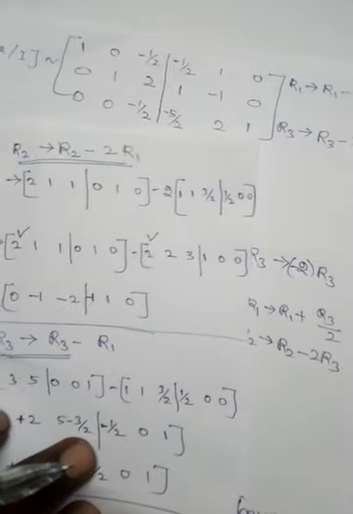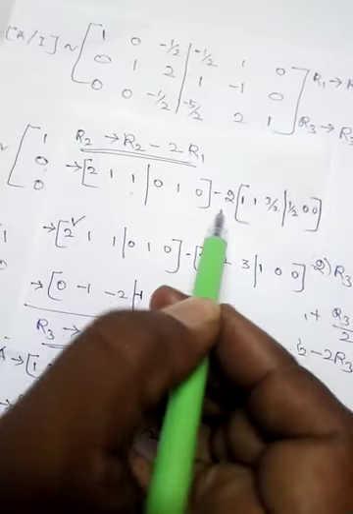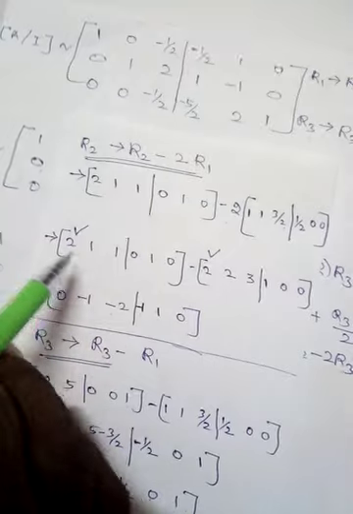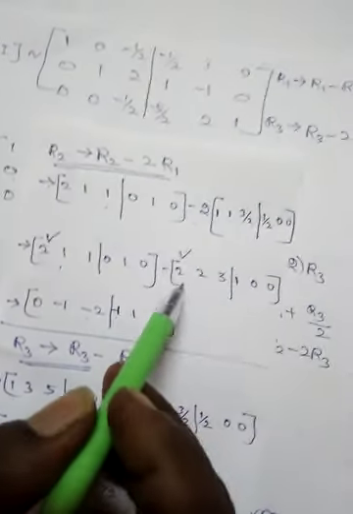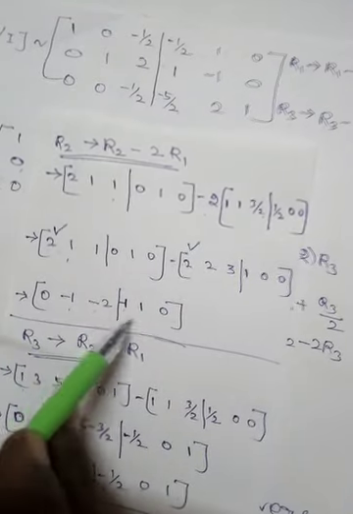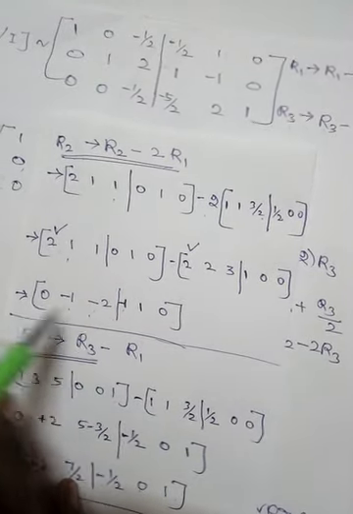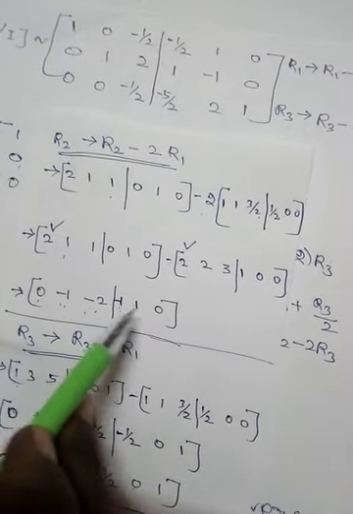Okay, correct, this is 2 into R2. See this, this is the second row. Write the second row as it is and multiply these 2 into the elements. So I get the elements 0, minus 1, minus 2, minus 1, 1, 0.